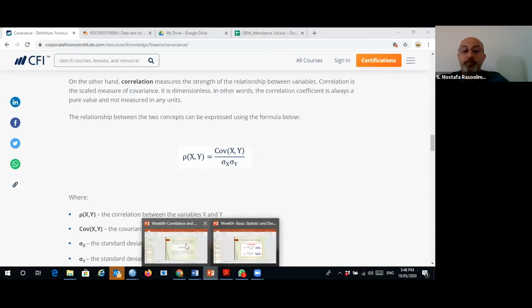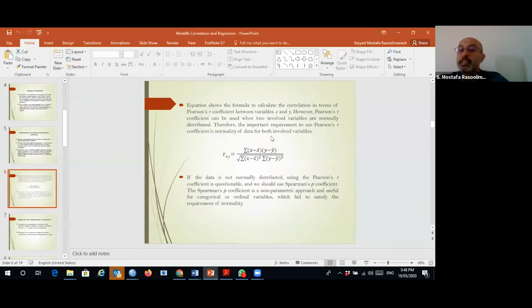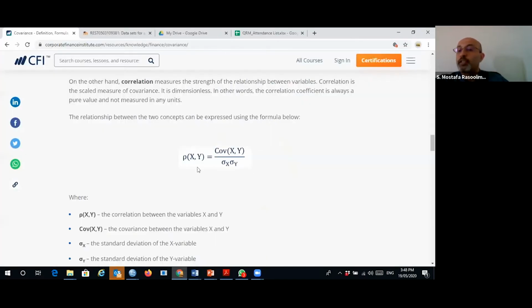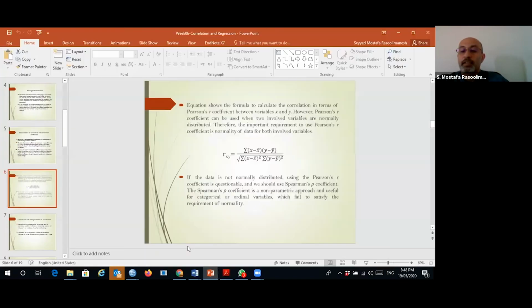This formula is similar to this one. The numerator is the summation of x minus x bar multiplied by y minus y bar, and the denominator comes from the standard deviations.